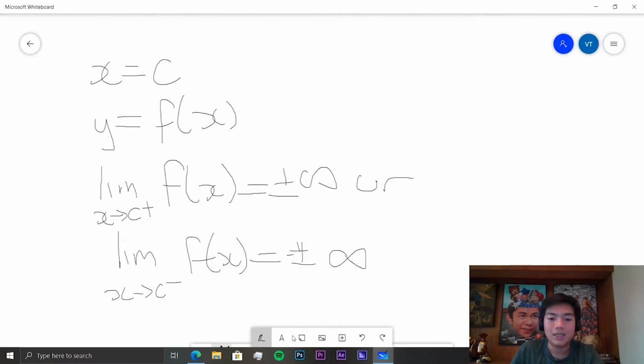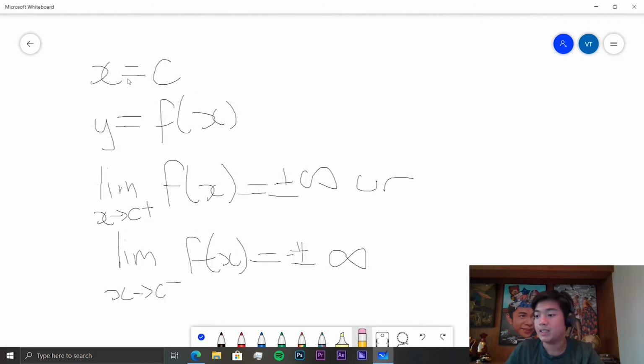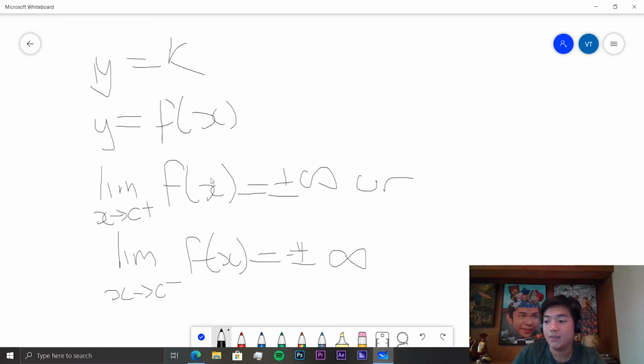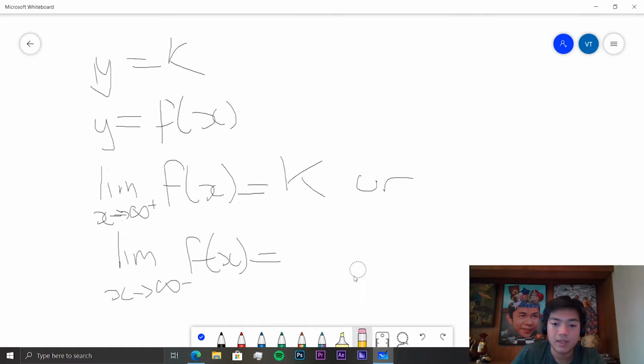Now, how about horizontal asymptotes? Well, they're pretty similar. The line y equals k is a horizontal asymptote of y equals f of x if either the limit as x approaches positive infinity of f of x is equal to k, or the limit as x approaches negative infinity of f of x is equal to k.